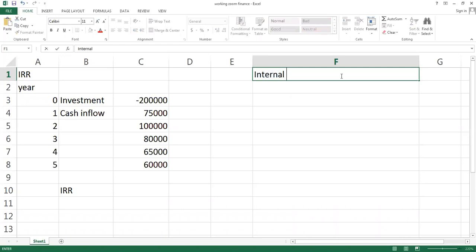So this is internal rate of return. In short terms, we call it IRR.